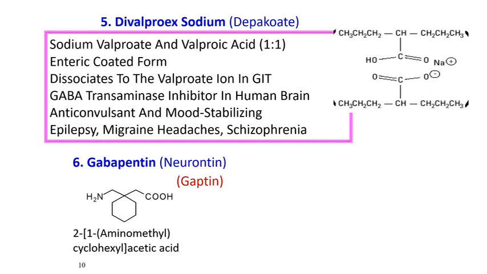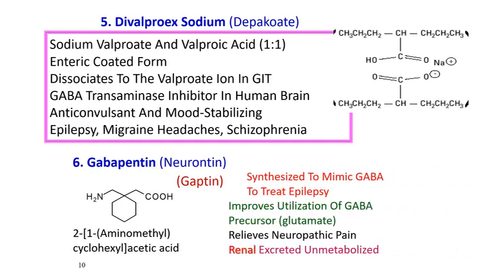It's a GABA analog still, but having a cyclohexyl function. This cyclohexyl is present on the beta carbon of the acid chain.